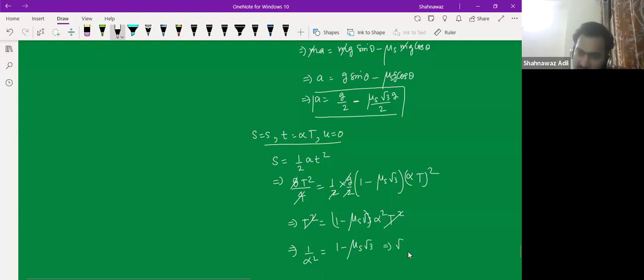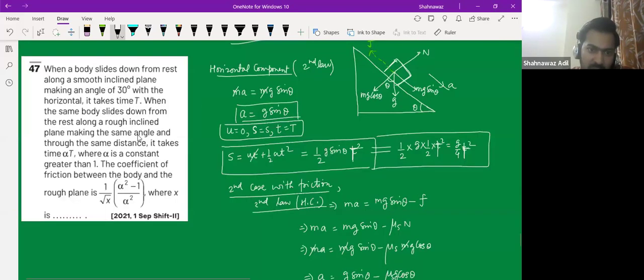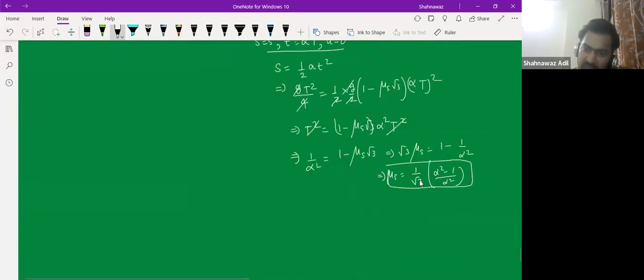Root 3 mu s is 1 minus 1 by alpha square, so mu s is 1 by root 3 times 1 minus 1 by alpha square. This is the answer. They have given 1 by root something times 1 minus 1 by alpha square, so this x is 3.